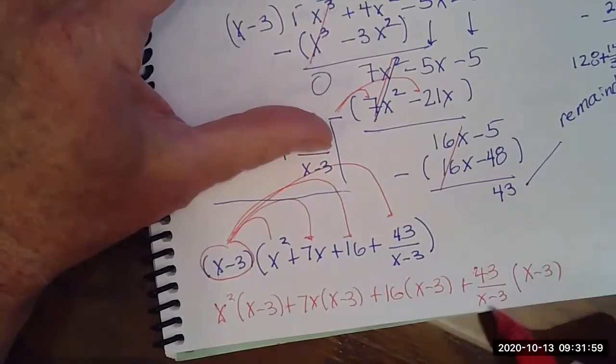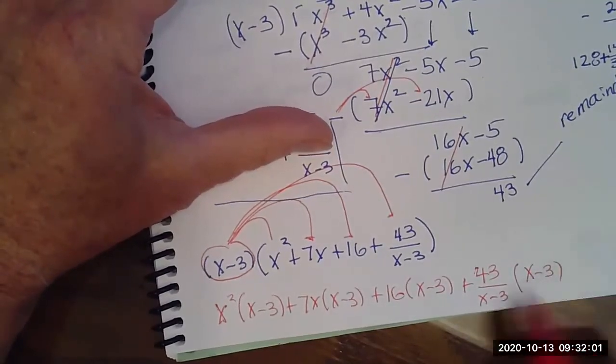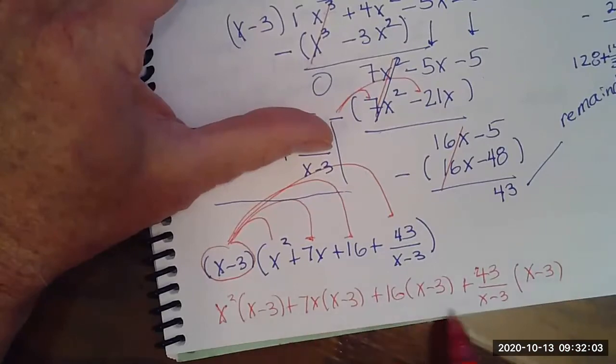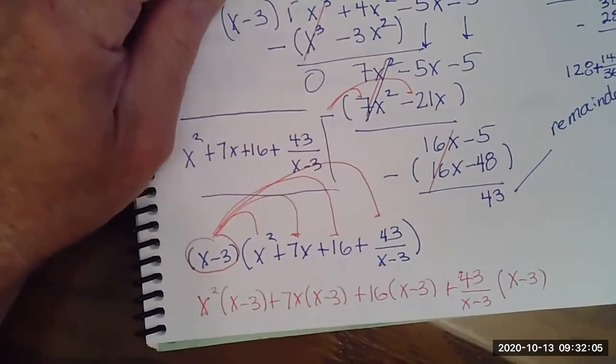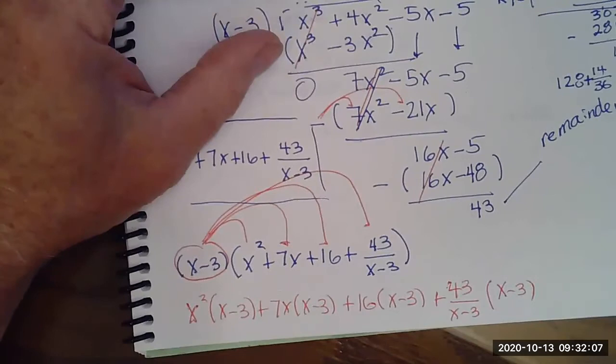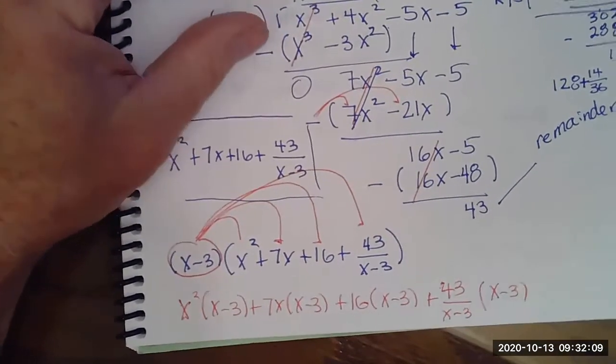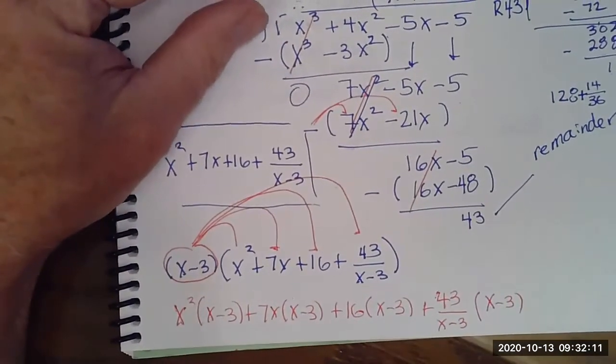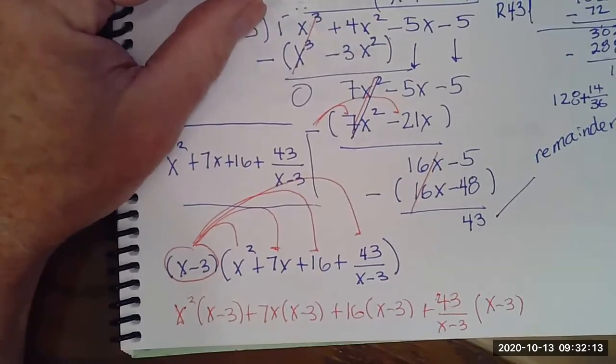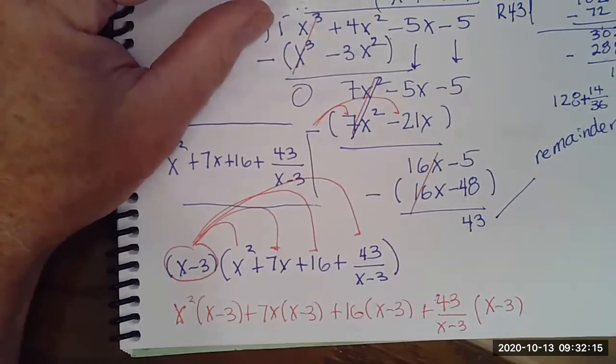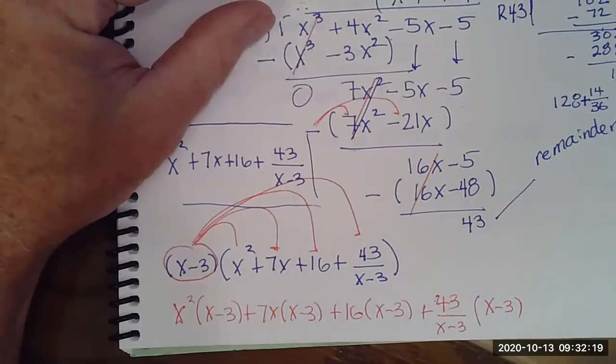The magic happens here. And then you can distribute, collect like terms, and you'll get back to the original. It's just a lot of work. The nice thing is you're not going to be asked to do that, to check it. Just know the process and how to get the right answer would be the key thing.